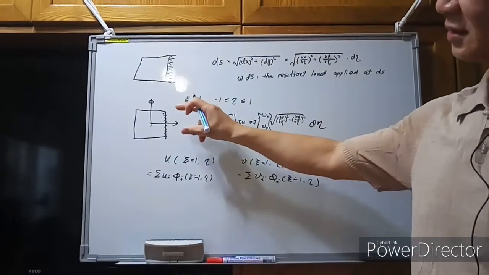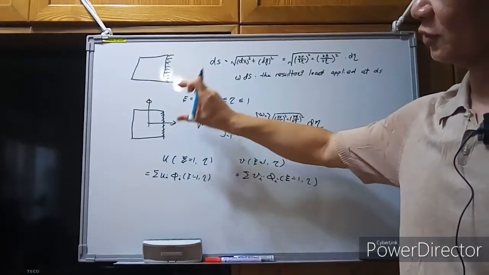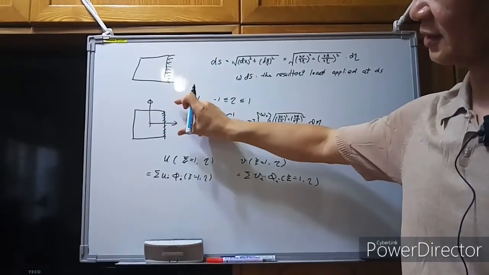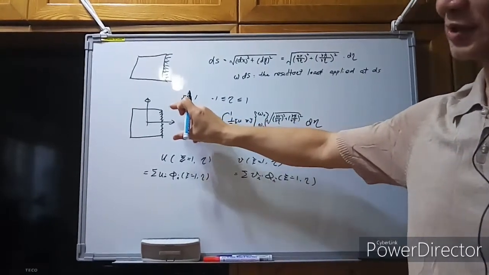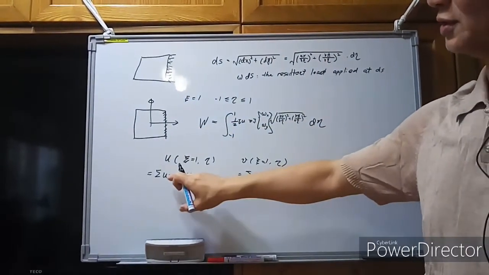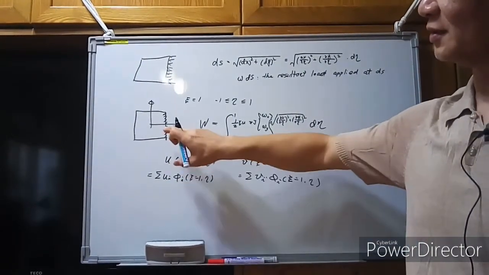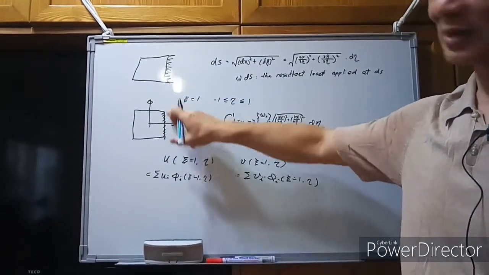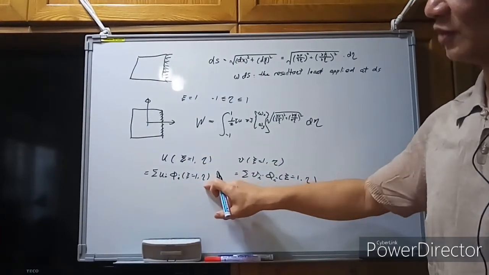So sometimes you don't need to consider all the node points. If you are considering, let's say, the second boundary line, you can simplify the nodal displacement. You can put only the nodal points along the second boundary line multiplied by the corresponding φ value.